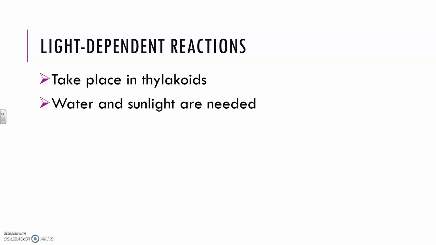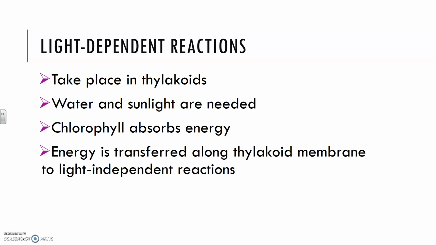Water and sunlight are needed at this point in the light-dependent reactions. Sunlight is kind of obvious because it's dependent on the light. The chlorophyll will absorb the energy from the sunlight, and then it will transfer that energy along the thylakoid membrane and into the light-independent reactions.